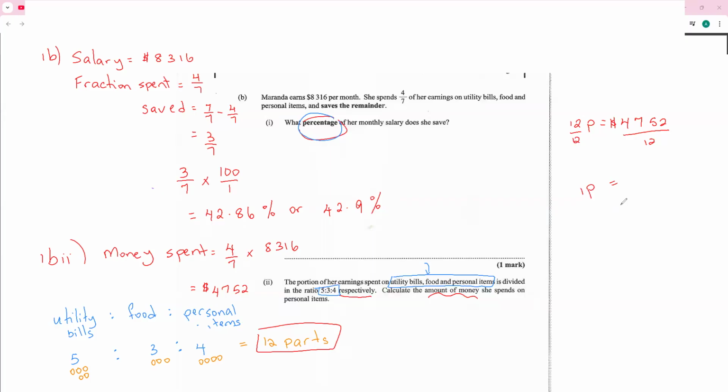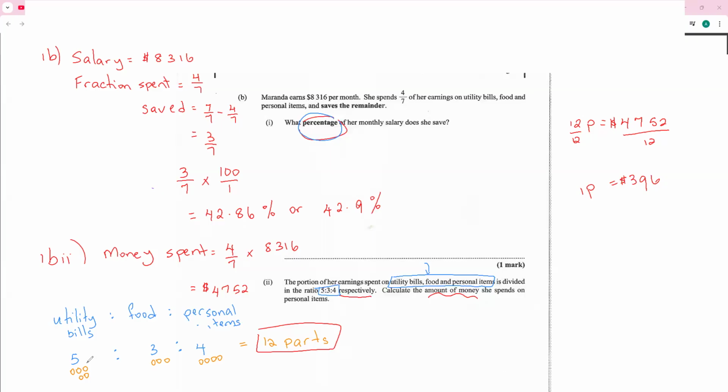So I'm using my calculator. 4,752 divided by 12, and I got $396. So what happened here is that we figured out how much is in one of those little bags.